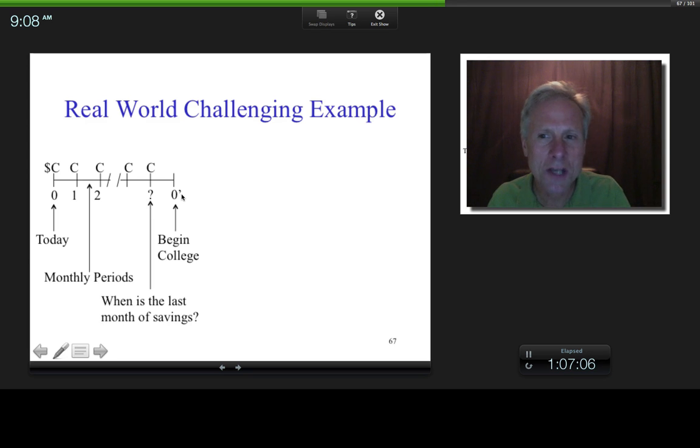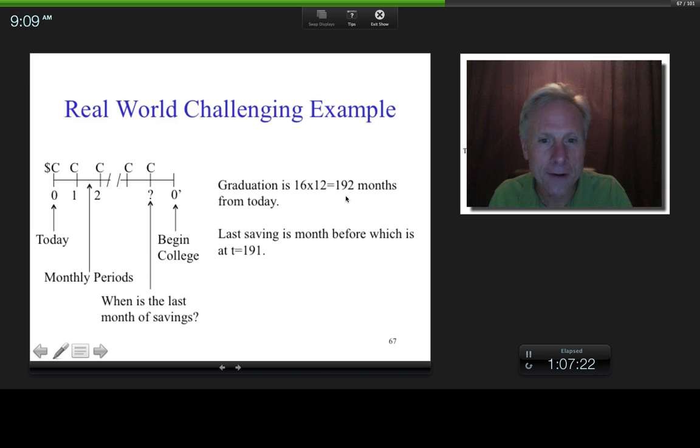So when is the last month of savings? Well, we know from here to here is how many years. We assumed that Sarah would start college in 16 years, right? So how many months is that? Well, that's 192 months from today, 16 times 12. So basically, the last month of savings is going to be at time 191.